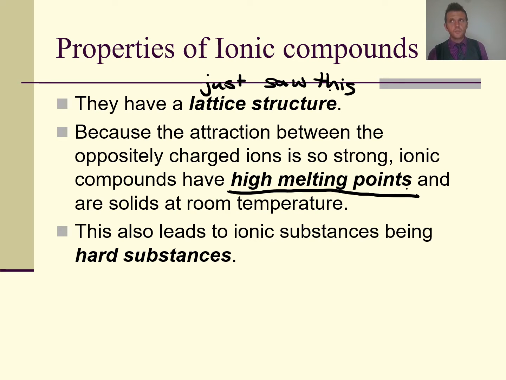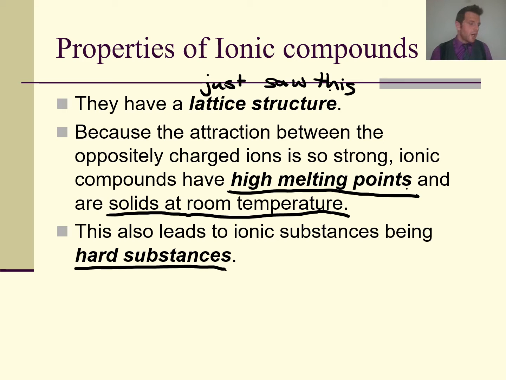So you have to get it really hot before they turn into a liquid. So since they have high melting points, that means they are going to be solids at room temperature. And also, since they're very attracted to each other, these are hard substances. Just think about salt. If you have a grain of table salt in your hands, you can't crush it. It's just too strong.